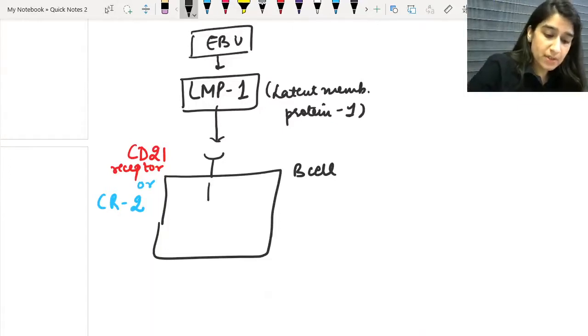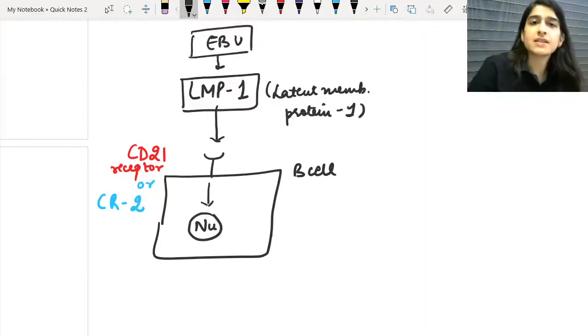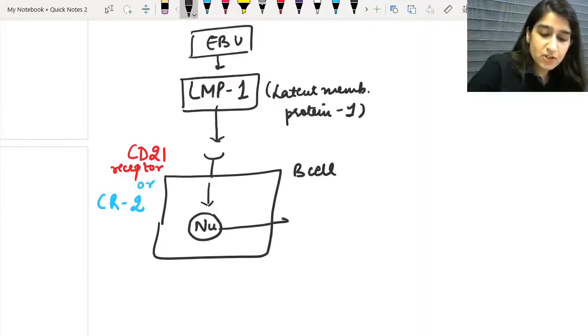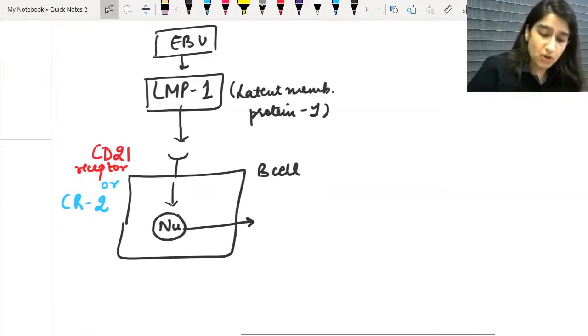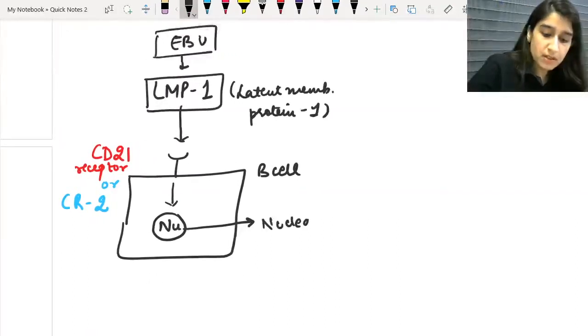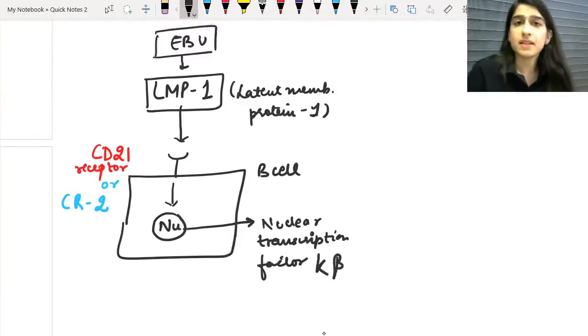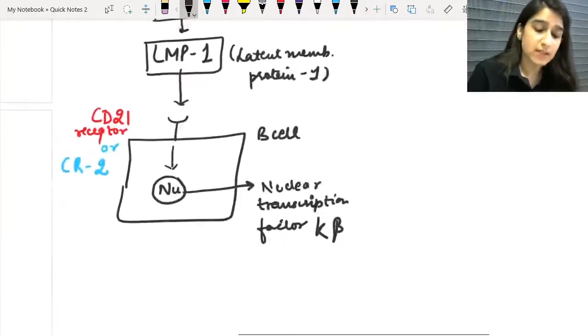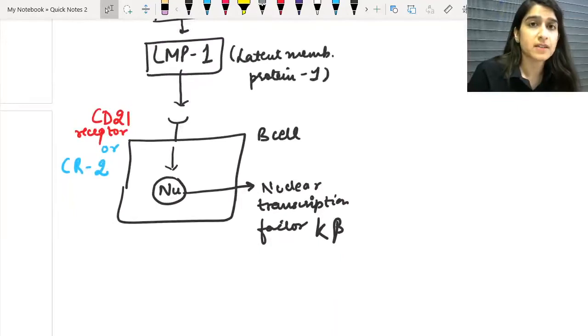Then it sends signals to the nucleus, which leads to the activation of nuclear transcription factor kappa B.